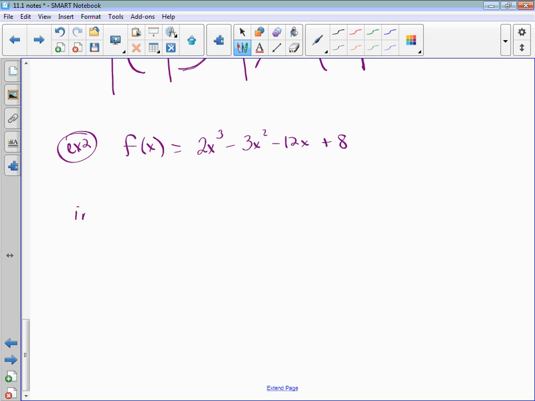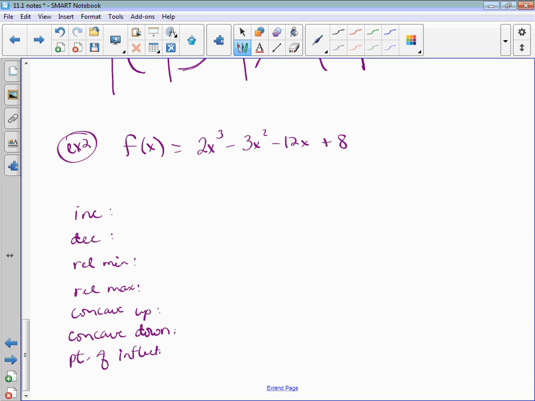Where is it increasing? Where is it decreasing? If they exist, what's your relative min? Relative max? Concave up? Concave down? And a point of inflection.